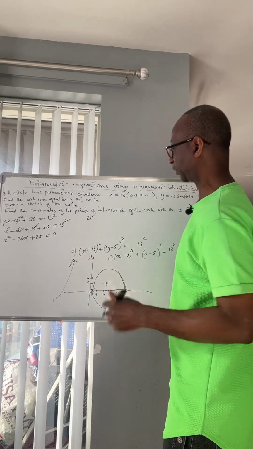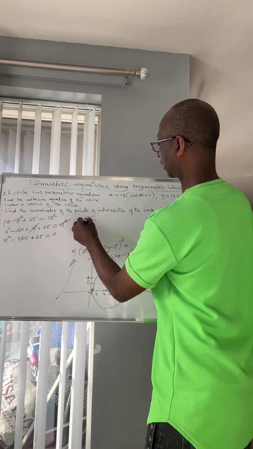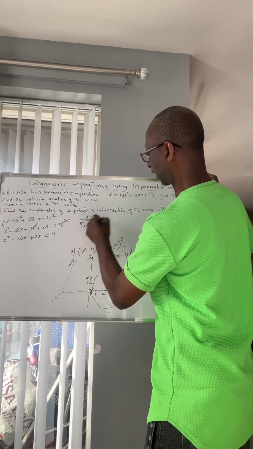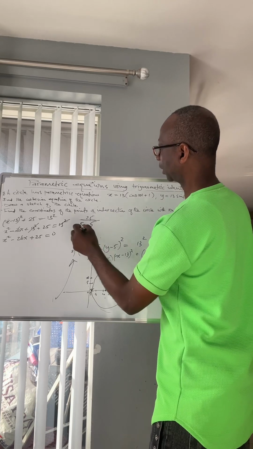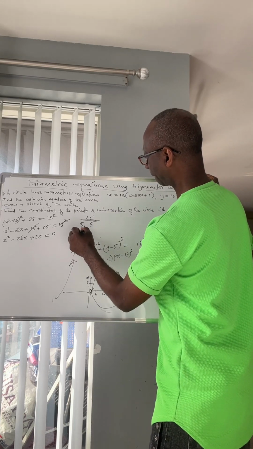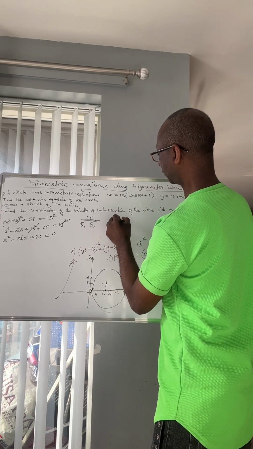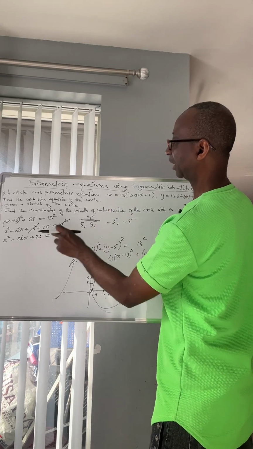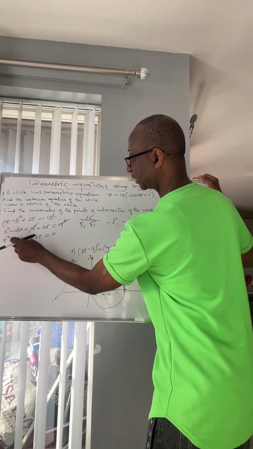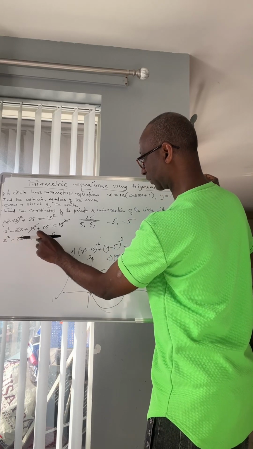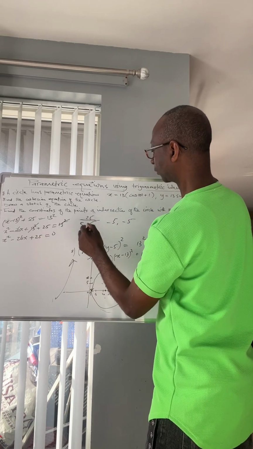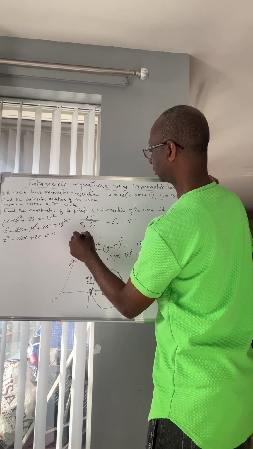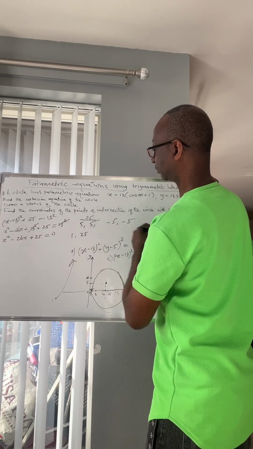I'm just doing a revision now. Factors of 25: you have 5 and 5, which will give you 25. You have minus 5, minus 5. Minus 5 times minus 5, you get 25. Mind you, you should have this at the back of your mind when you are looking for the factors of 25. So again, you have 1 and 25.